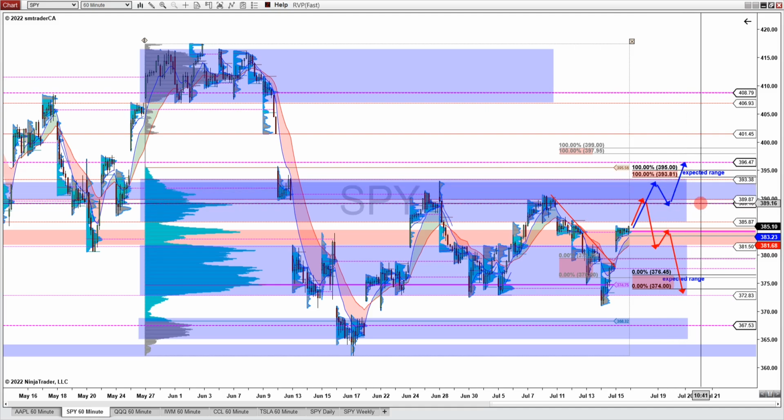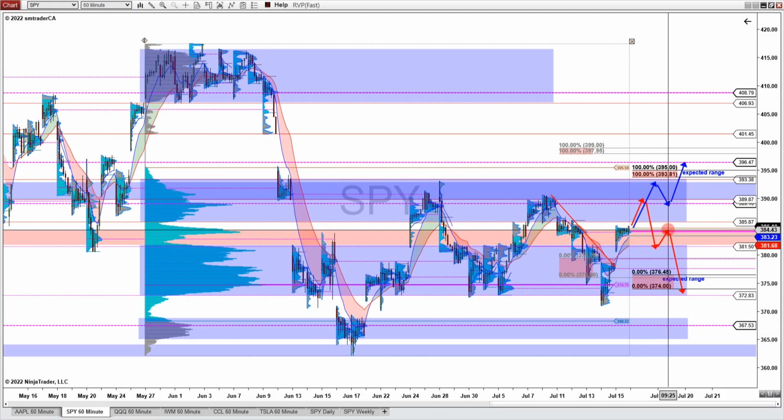So the key thing is this particular virgin point of control down here at 389.16 or so. Now, if it comes up and is unable to stay above this virgin point of control and reverses back down, then I'd be looking for the price to dip below this high volume zone, the lower edge at 385.87, and push down to this virgin point of control at the 384 area and see how price will react at this level.